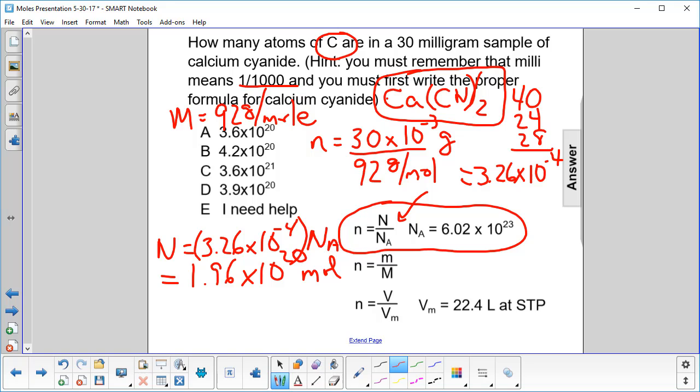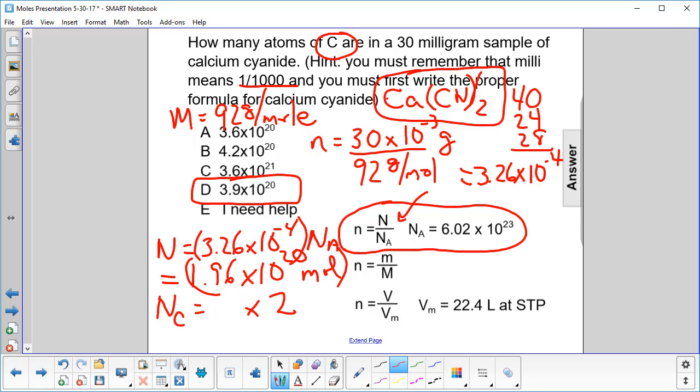Well, by looking at the formula, we see we have 2 carbons for every calcium cyanide. So N of carbon is going to equal this number here times 2. So when we carry out that math, we get 3.9 times 10 to the 20th atoms of carbon.